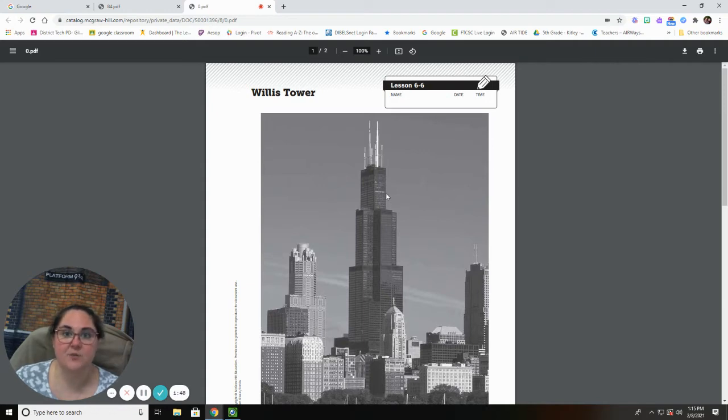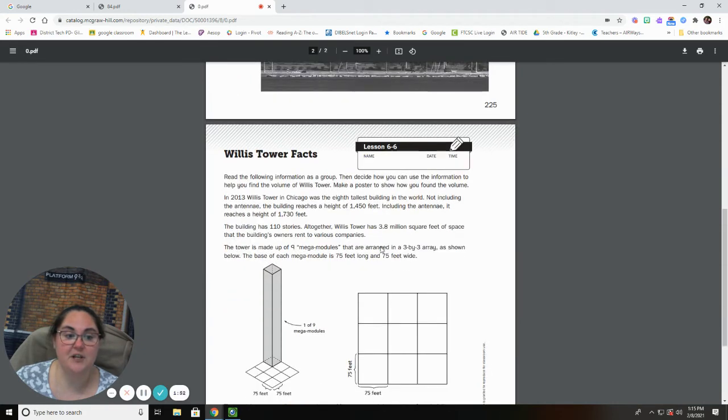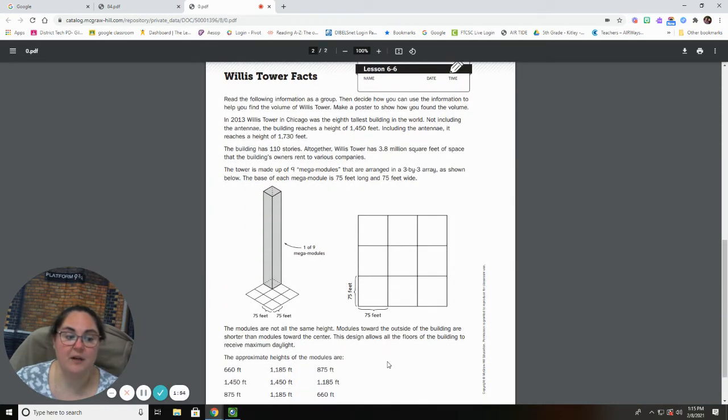So what we are going to do is use this picture and some information that I have down here to help us find the volume of this building. It tells us the approximate heights of these 9 modules.